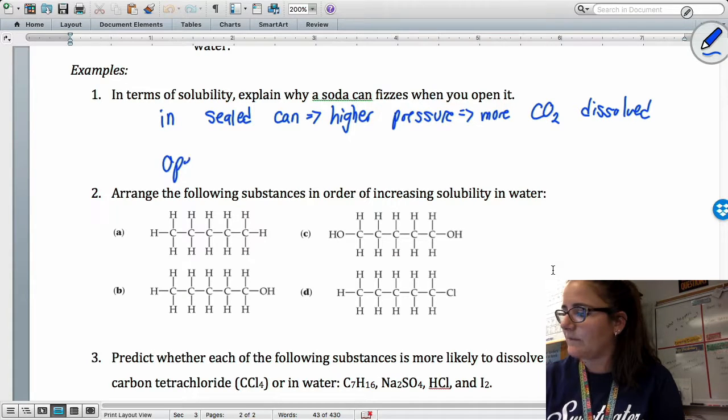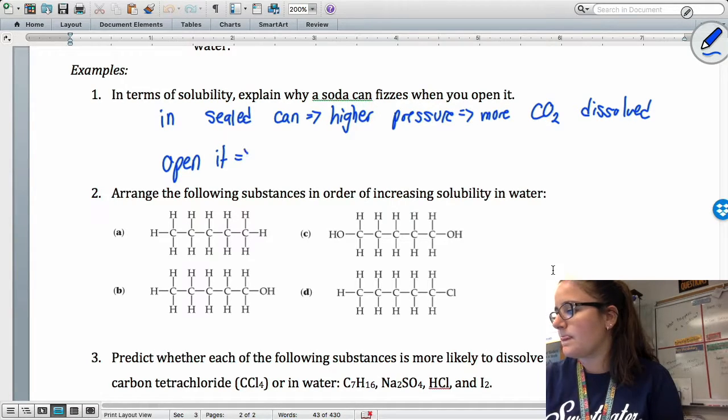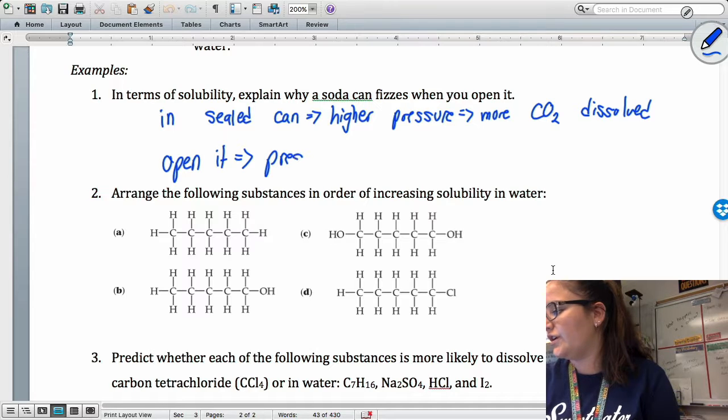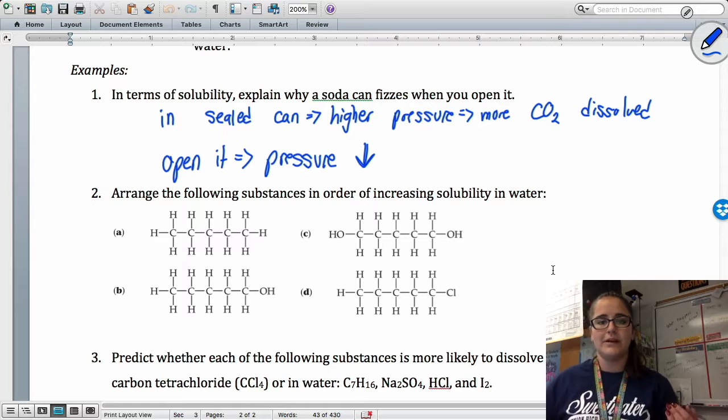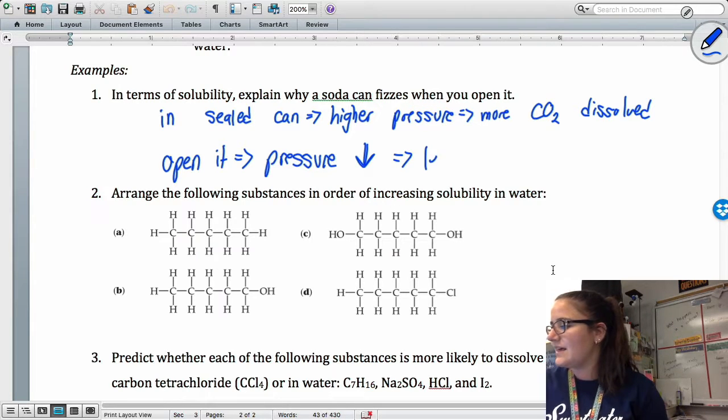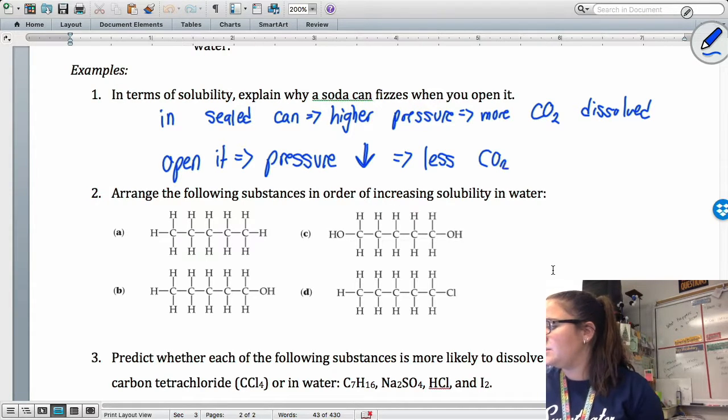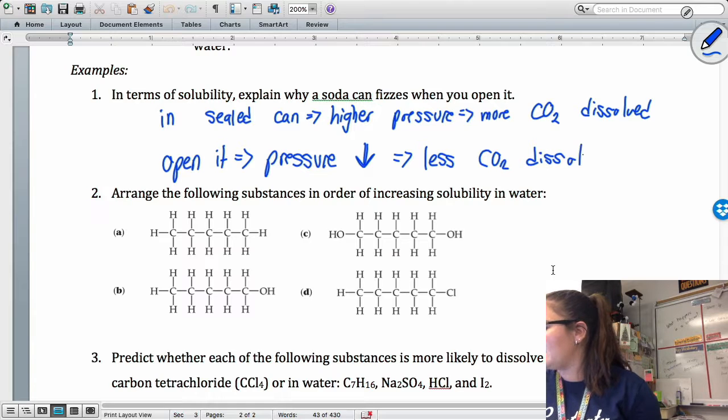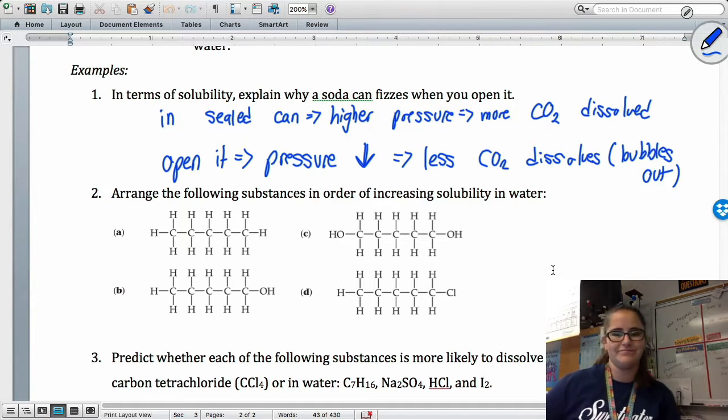When you open it, the pressure decreases, which means less CO2 dissolved, aka it bubbles out. It undissolves.